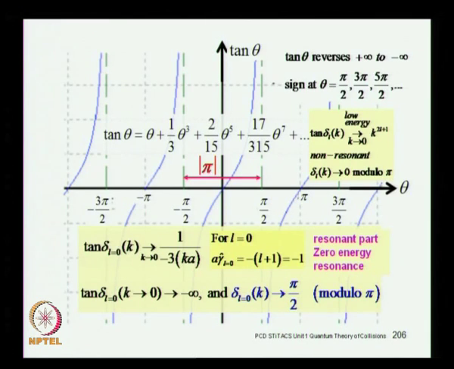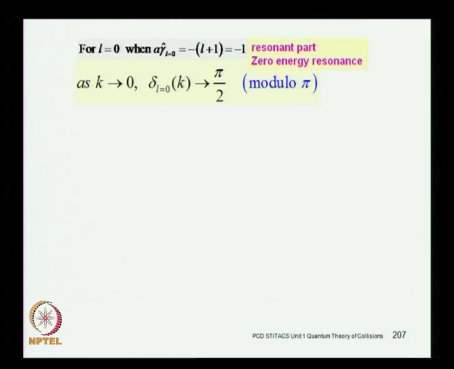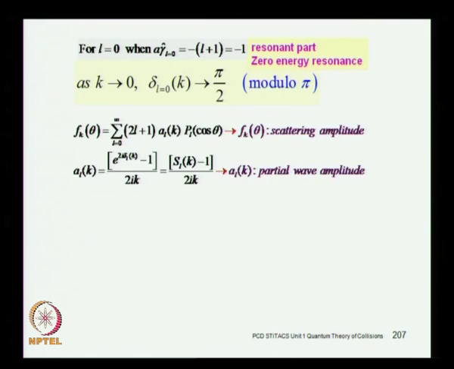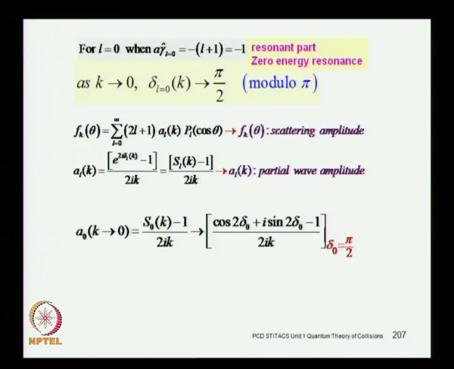And notice that the tangent curve reverses its sign at pi by 2, and this is the expression for the scattering amplitude and the partial wave amplitude, which we have seen before. Now, let us evaluate the partial wave amplitude when delta is pi by 2. This is where the resonance takes place.